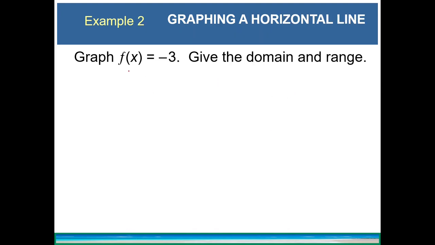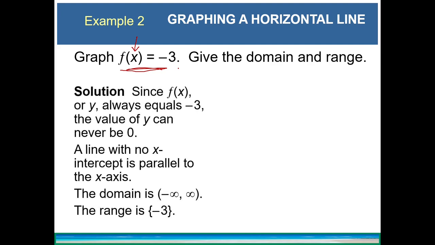So in example 2, we want to graph f of x equals negative 3. Now that means for every value of x that I plug in, I always get an output of negative 3. Since the output is always negative 3, we know that the y can never be 0.